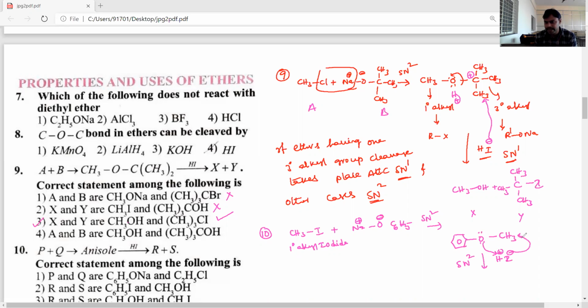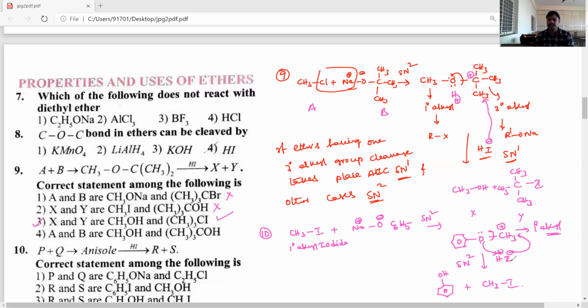This I minus attacks the primary alkyl group, because it carries the positive charge. Primary alkyl groups are more favorable for the SN2 mechanism. The final product is phenol plus methyl iodide.